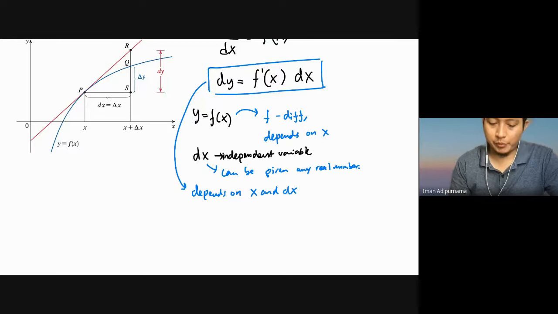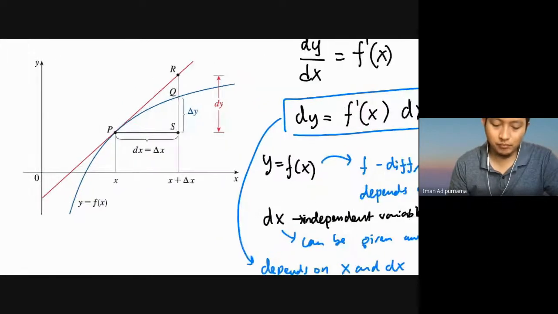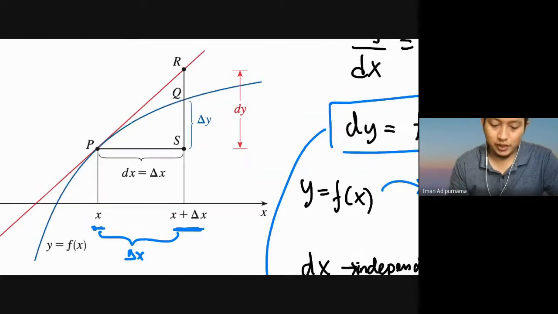If you see it geometrically, what this differential means is, notice that you have x and then some delta, say the distance is delta x. And from the linear approximation also, you have a gap here, right?